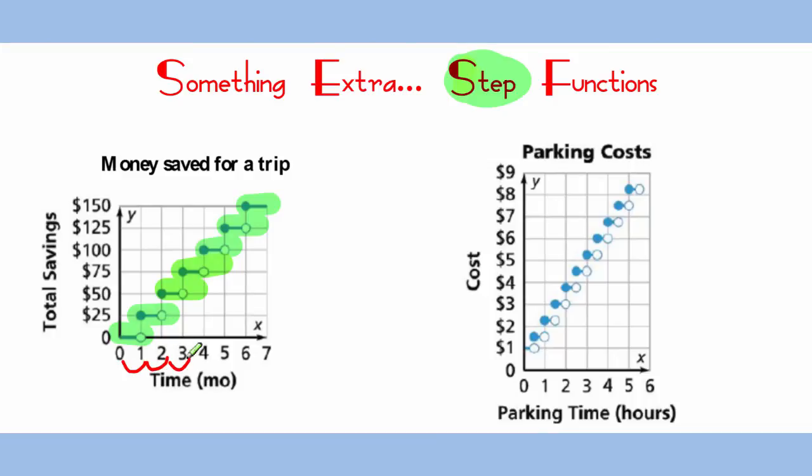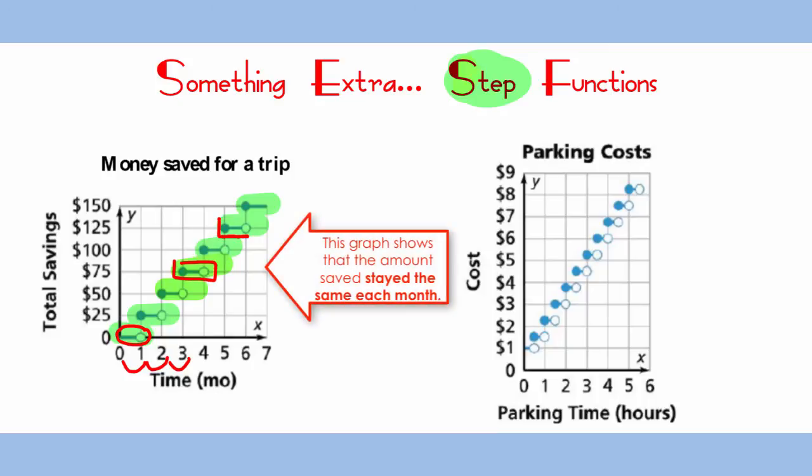Normally when you save money, you will only save it once every month. So this graph basically tells you that in the first month, maybe from January 1st to January 31st, you will only have the same amount of money because you only deposit that money once, and that's happening only once every month, so the money stays the same throughout the month.